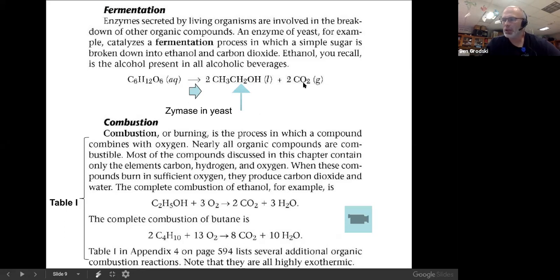So fermentation is a process which recycles our electron carriers. Remember, the electron carriers actually go into the mitochondria to support aerobic cell respiration, and therefore get a lot more ATP, 36 ATP, as opposed to 2 from glycolysis.